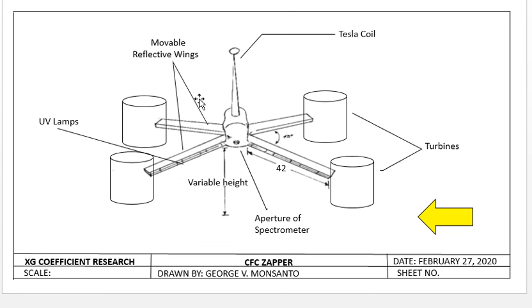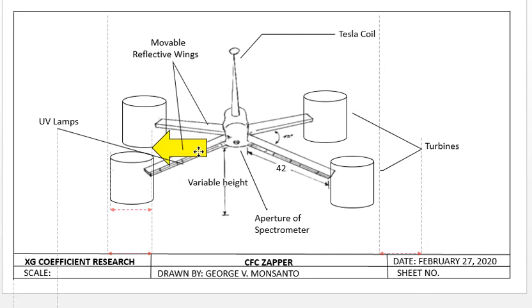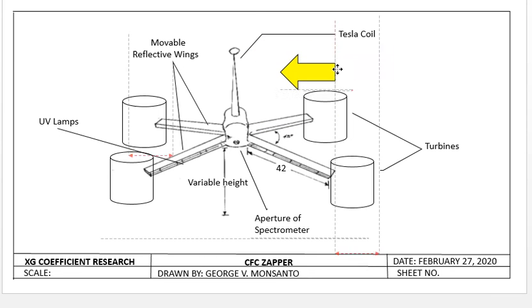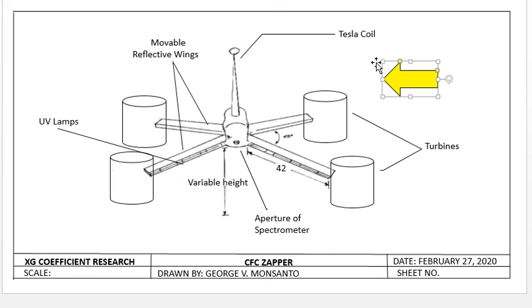So it has movable wings, it has turbines, there are 4 turbines, it has a UV lamp beside the wings, and it has a spectrometer here, a Tesla coil here. Alright.